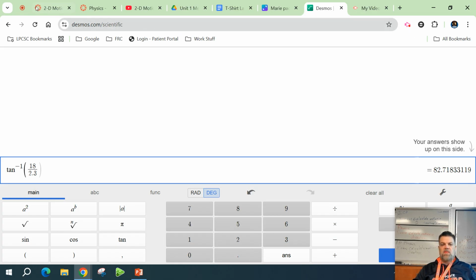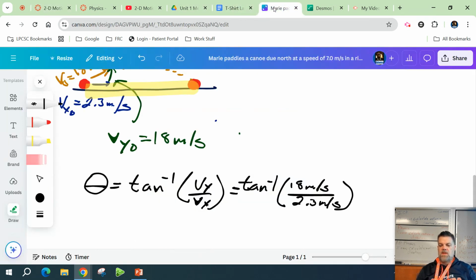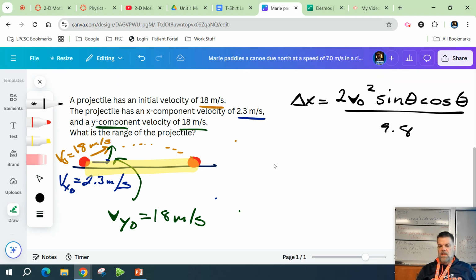All right, so I'm going to plug that in. Oops, wrong tab. So then my angle theta is approximately 82.7 degrees.